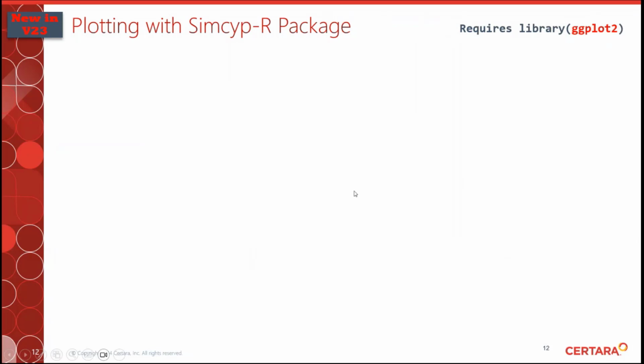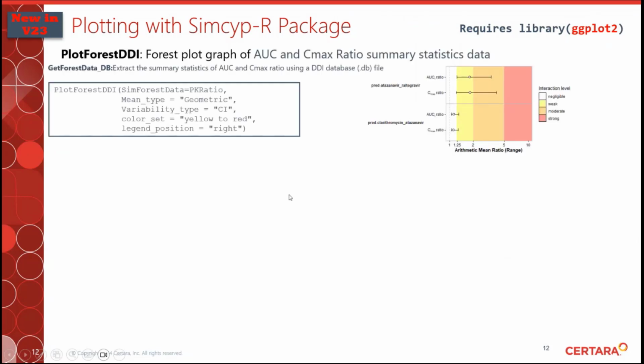Another new feature that we implemented in version 23 is plotting functions. The first one that we can see on the screen is a forest plot. You can generate a forest plot by using a function called plot forest DDI. This would give you a forest plot of both the AUC ratio and the Cmax ratio.